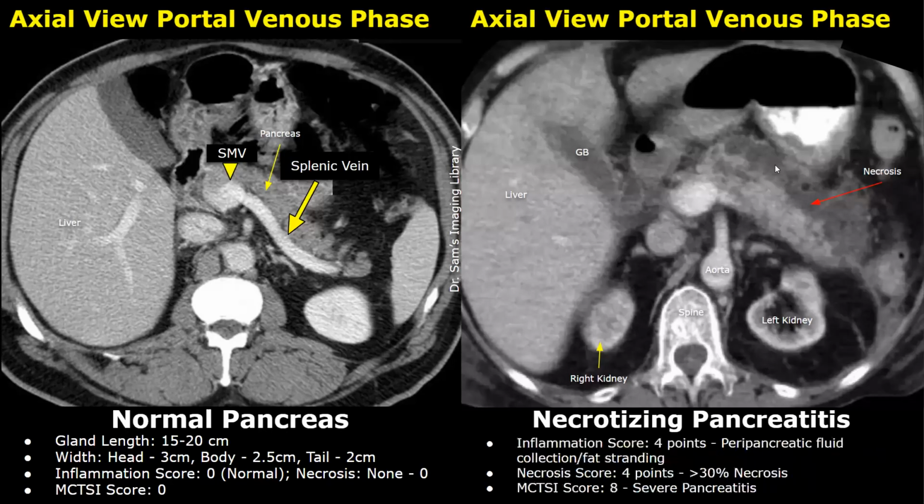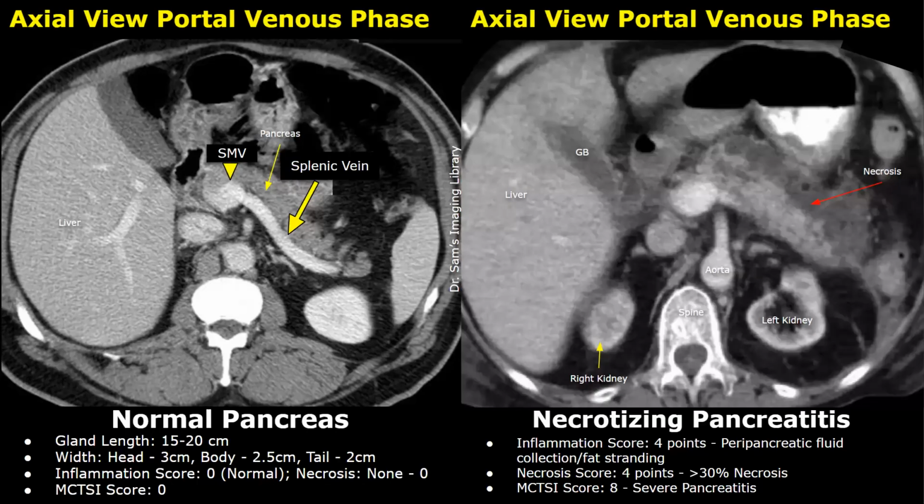The inflammation score will be 4 because there is peripancreatic collection. If it becomes difficult to distinguish between peripancreatic fluid and fat stranding, you can just call it peripancreatic collection. The score will be 4 whether it is fluid or fat stranding.